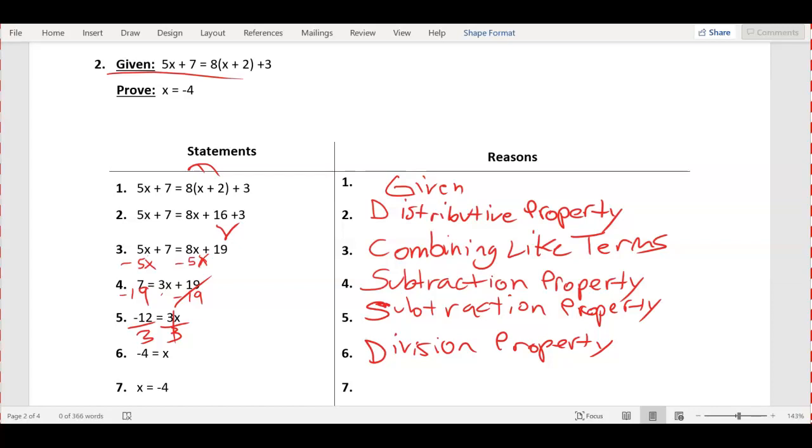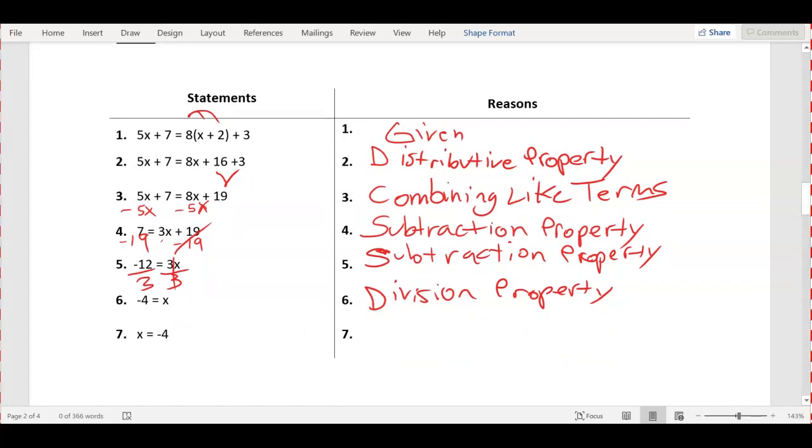Okay. Now, this is new from the front side of our notes. You remember from the front side. What do you call the property that just flips them over?